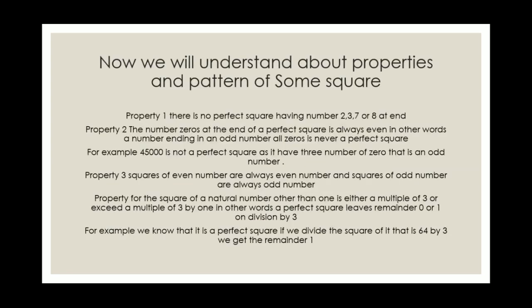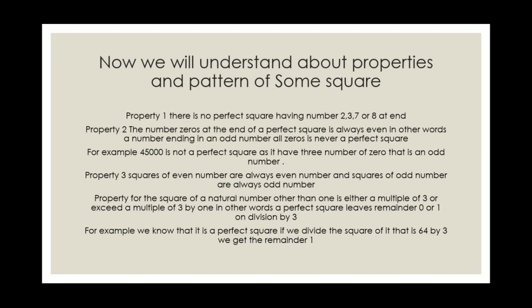Now we will understand the properties of squares. Property number 1: there is no perfect square having 2, 3, 7 or 8 at the end. Property 2: the number of zeros at the end of a perfect square is always even.